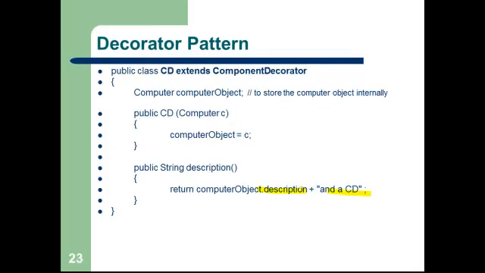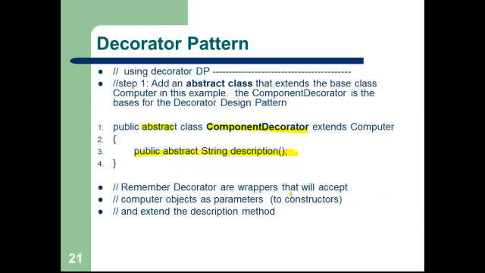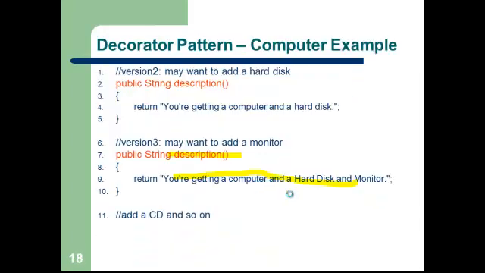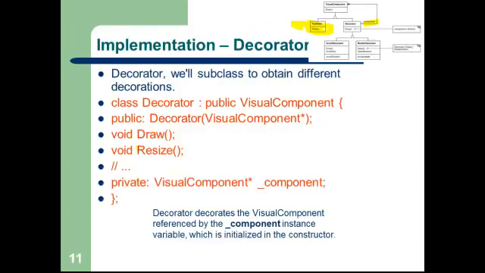Now, again, this could be multiple layers, multiple wrappers around each other. I'll show you an example in a minute. And here's a monitor. What I forgot to outline is that in the constructor of these subclasses, they take an object reference to the core class.